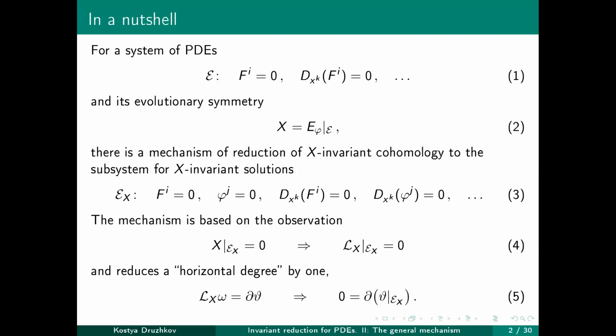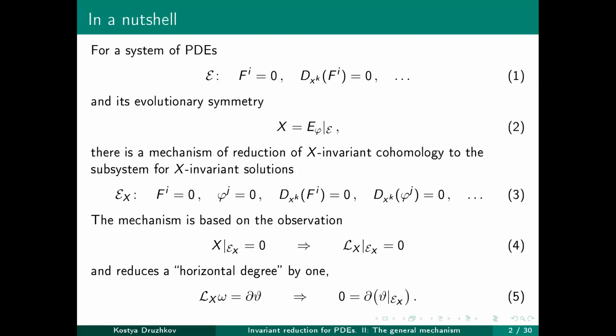When we deal with a representative of an invariant structure, omega here represents an invariant cohomology element, and the words that this cohomology element is invariant, generally speaking, mean that the Lie derivative of this representative must represent a trivial cohomology element.